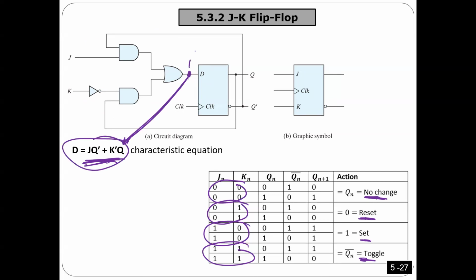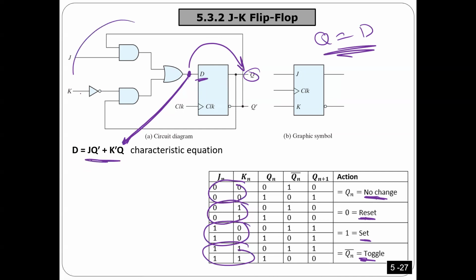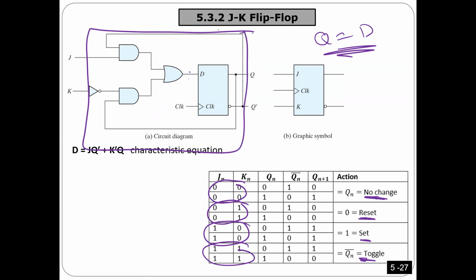You know how a D flip flop works: in a D flip flop, Q is equal to D at the edge. That's why I'm going to add this circuit here, and then the D flip flop. This is one of the ways to do it. Now this becomes one block, a JK flip flop.